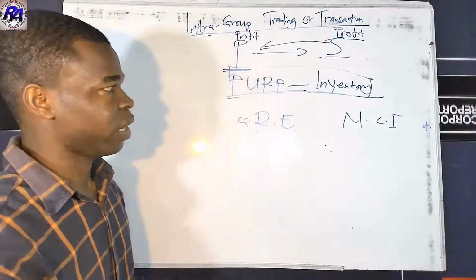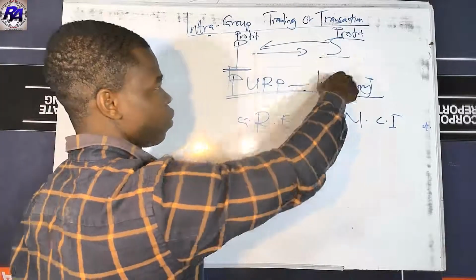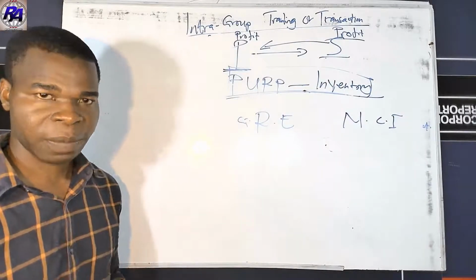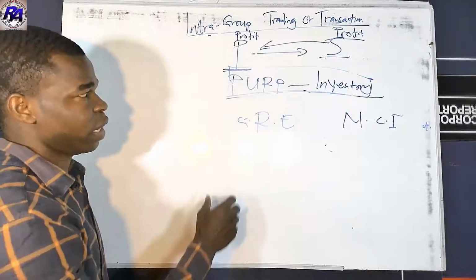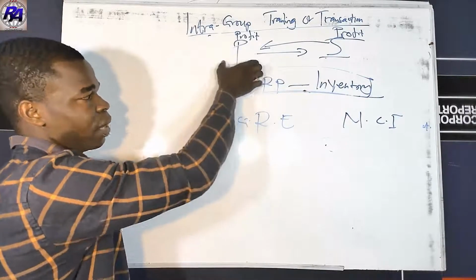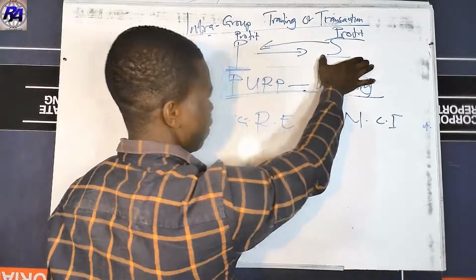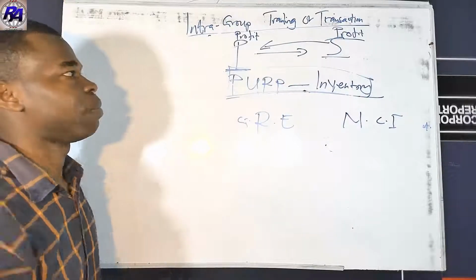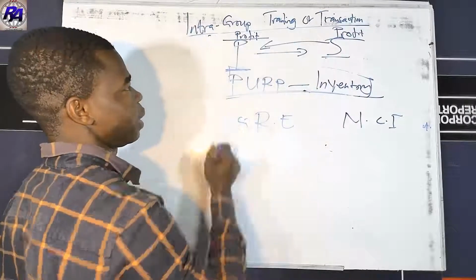In the case where they have sold all the goods to an outsider, there is no unrealized profit. So when the parent sells to a subsidiary and some of these goods still remain in the entity, then the parent is the one making the profit.